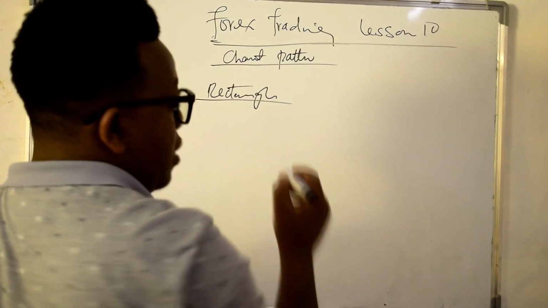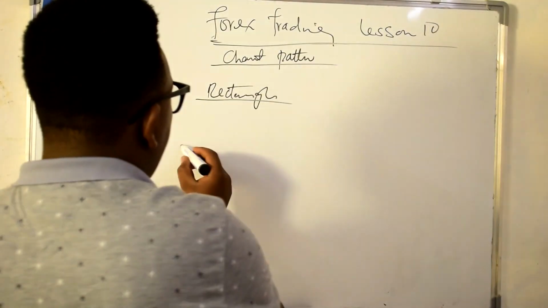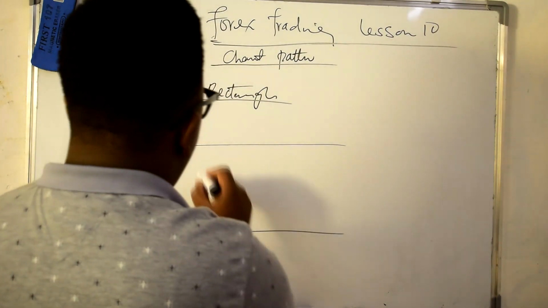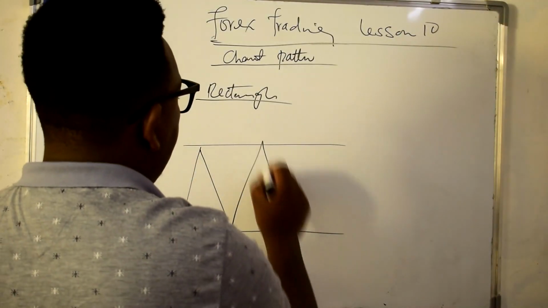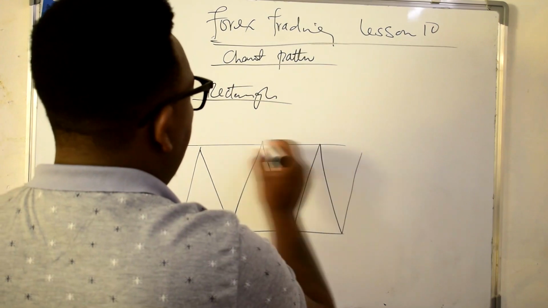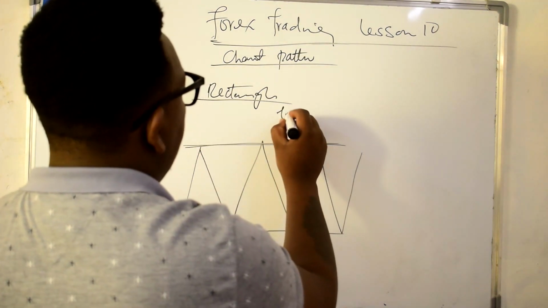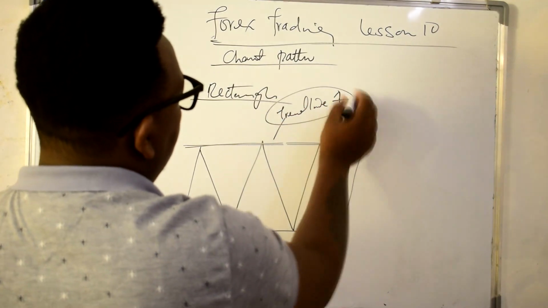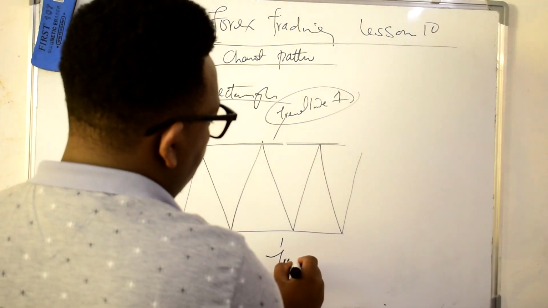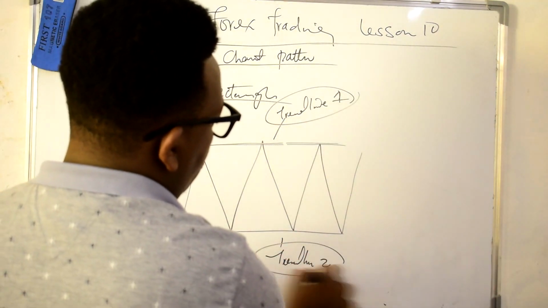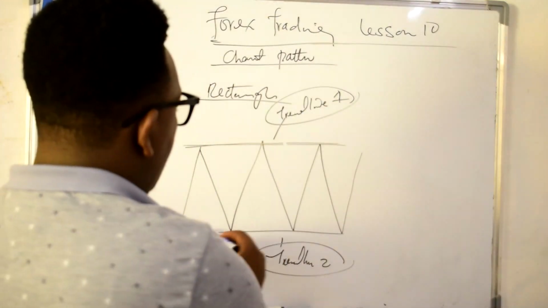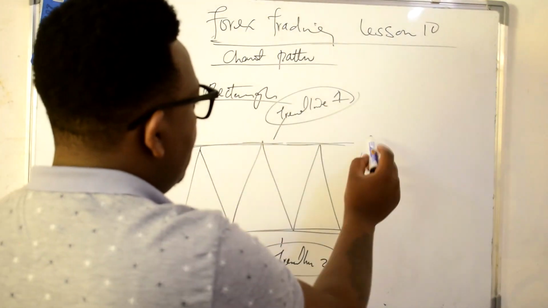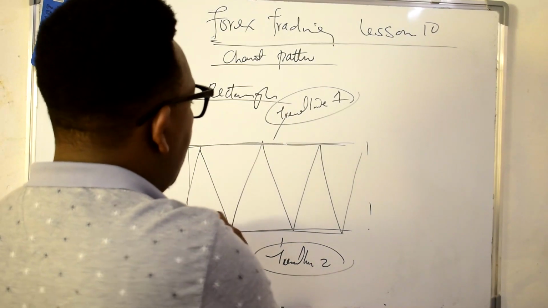So with the rectangle, as the word suggests, this is whereby you get to see the market is moving in between a rectangle kind of. These are the trend lines. This is trend line 1. So we have trend line 2. So you see the market moving in between two trend lines, and somehow it gets to form something that looks like a rectangle.